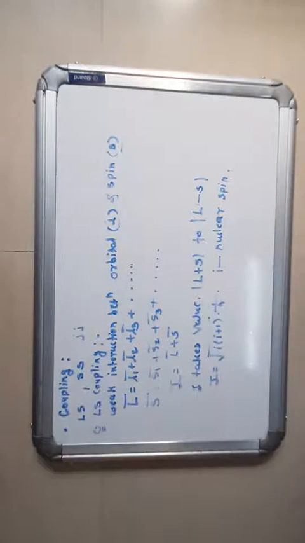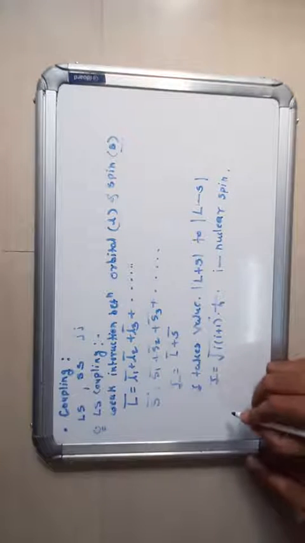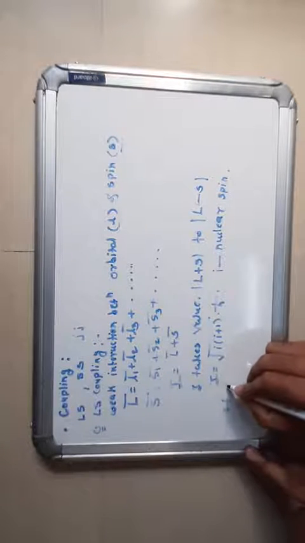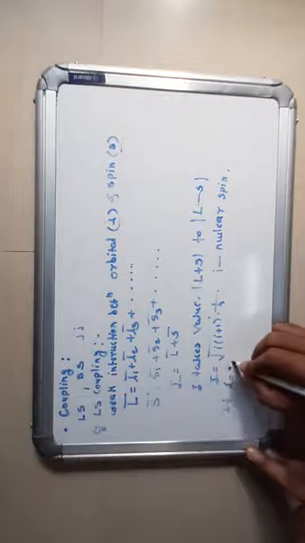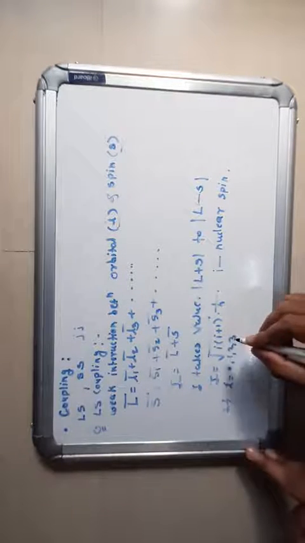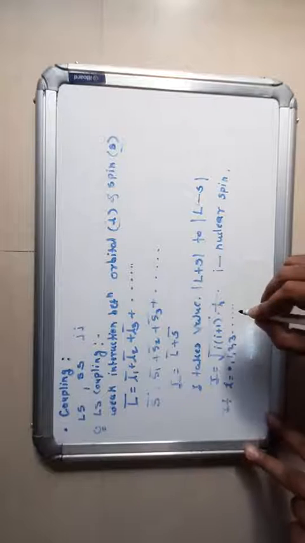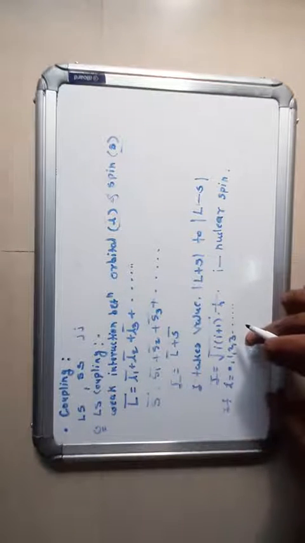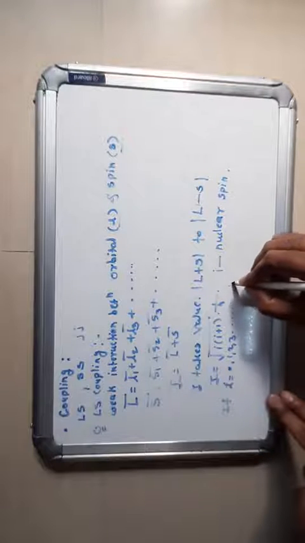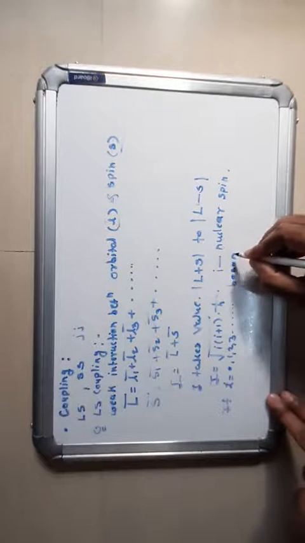If the nuclear spin I is equal to 0, 1, 2, 3 and so on, it is called a boson, right.